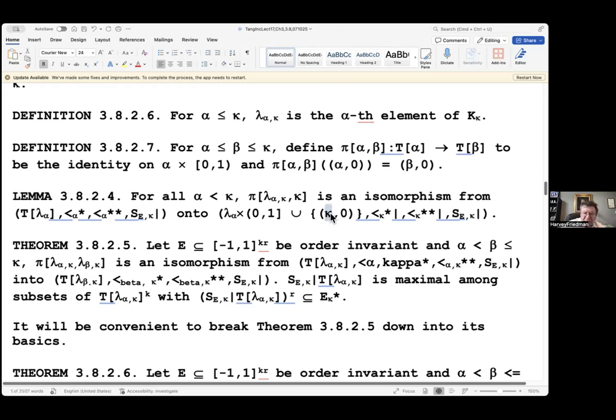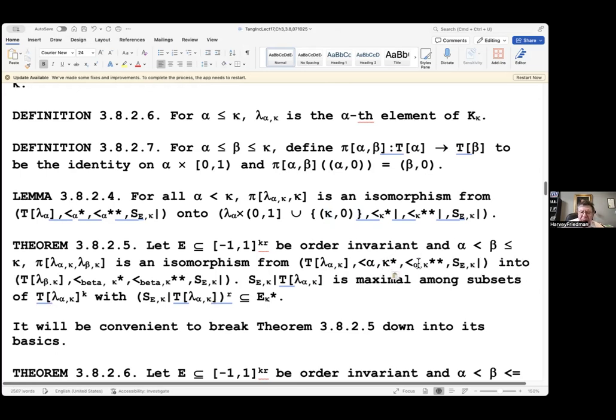So you get that. Let's make this a little prettier. I didn't have time to format everything. No, I don't need the kappas for this. Yeah, that's a mistake. Right. Don't have to restrict. The kappa is needed to tell you which lambda this is.